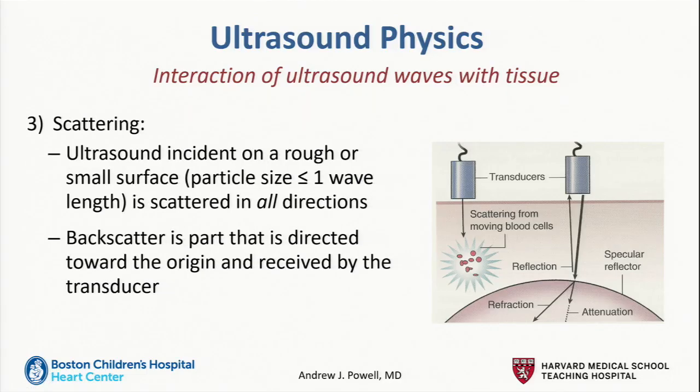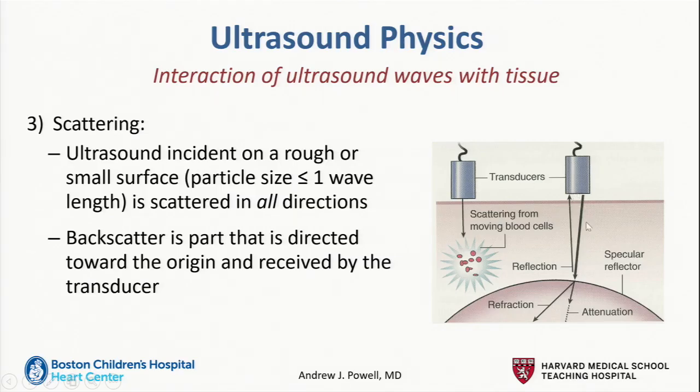The third thing that can happen when ultrasound interacts with tissues is called scattering. Now, scattering is kind of a special phenomenon. This happens when the sound waves interact with a rough or a small surface, so these are small particles. In this case, it's a little counterintuitive.